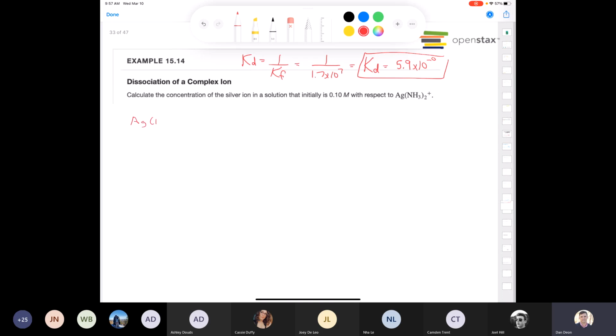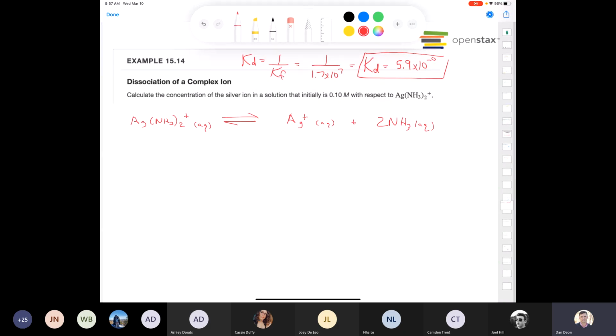So if we have our Ag(NH3)2 cation, and it dissociates into silver ions plus ammonia, are we going to get the same answer? Does anybody know? Would this work?